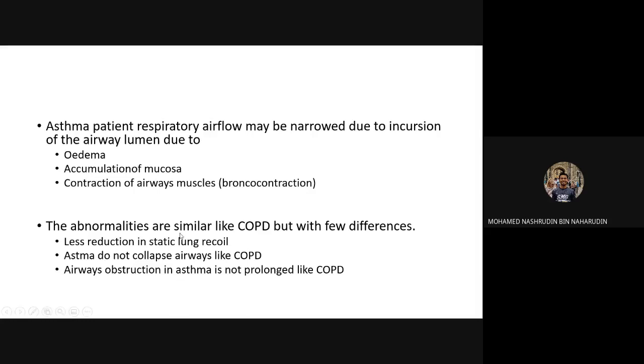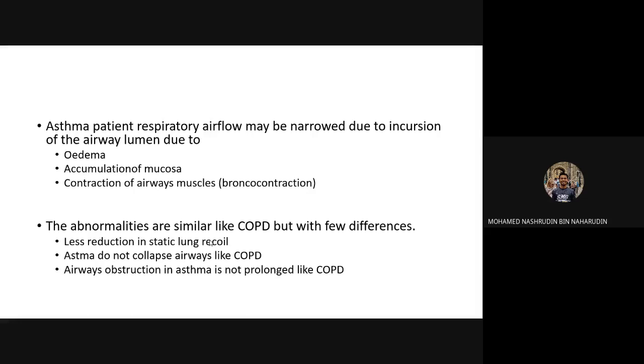So the abnormalities are similar to COPD, but with a few differences. In asthma there is less reduction in static lung recoil, as I mentioned just now. For those who have COPD, the lung's ability to recoil back when the person breathes out is lower, but not in asthma, because the obstruction doesn't really affect deep inside the lung.